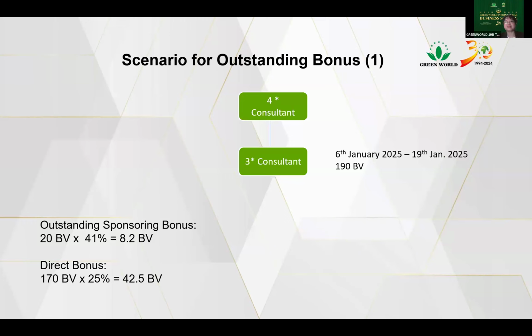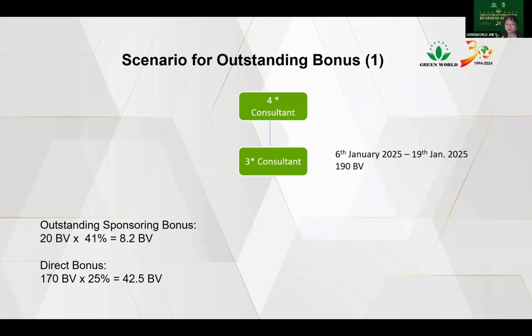Then the outstanding sponsor bonus finished the 60 BV in the first period, so that outstanding sponsor bonus has been calculated and paid already. So in the second period, only 20 BV is left for calculating the outstanding sponsoring bonus.